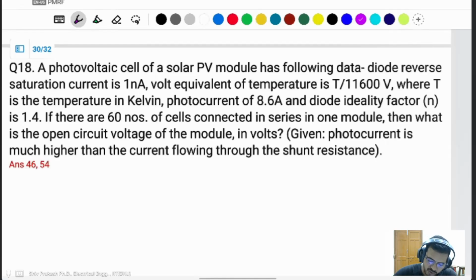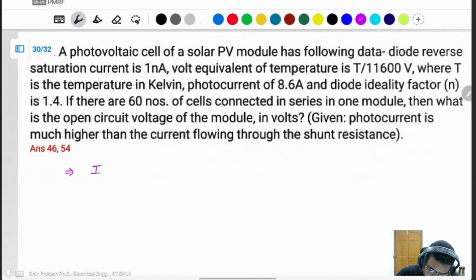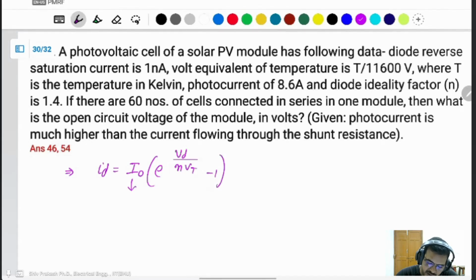You know about diode current: ID is equal to I naught times e to the power Vd divided by nVt, minus 1, where I naught is the reverse saturation current. I naught is given as 1 nanoampere, which means 1 into 10 to the power minus 9 ampere.